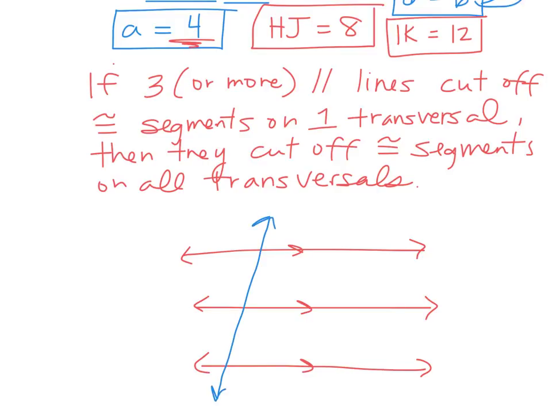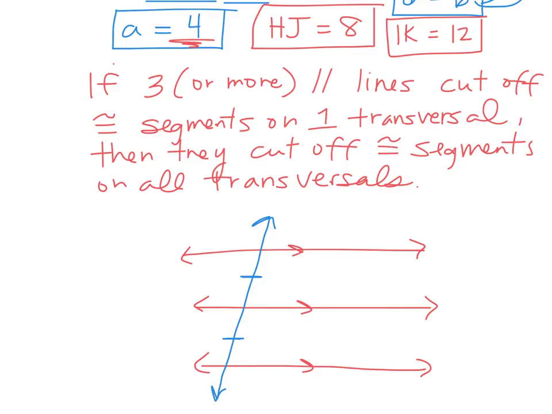What they're saying is if the segments created by the parallel lines on that transversal are congruent, so if this segment here is congruent to this segment here, then it doesn't matter what other transversals I draw in, they will always cut off congruent segments. Not congruent to those first two necessarily, but congruent to each other.